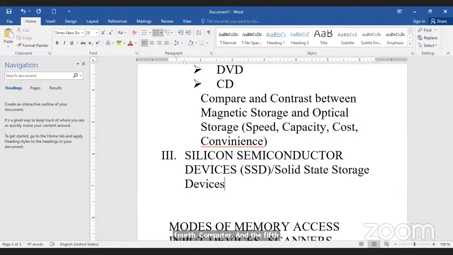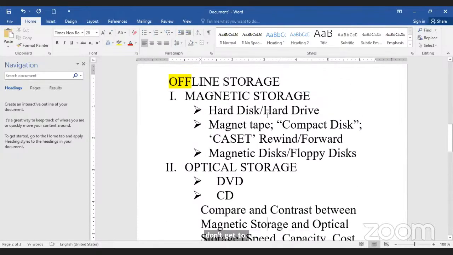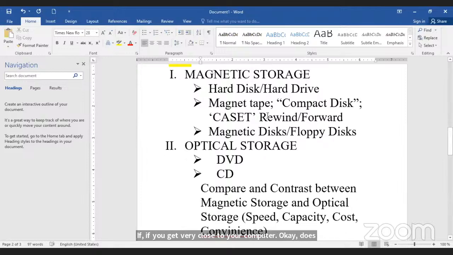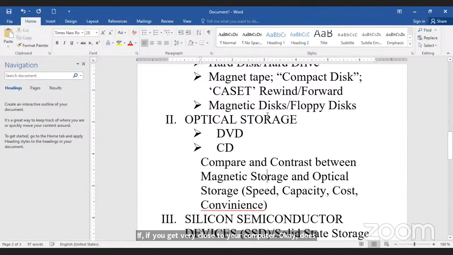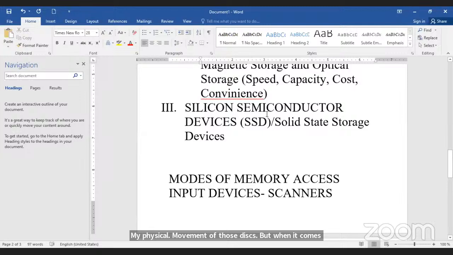So it's solid state, meaning that it has no moving parts. When you compare magnetic tape and optical storage, you realize that they mechanically move. When you put in a DVD, you hear it spinning. Even if you get very close to your computer, you will hear something spinning inside. It means that data is being read or written by physical movement of those disks. But this solid state storage does not move.